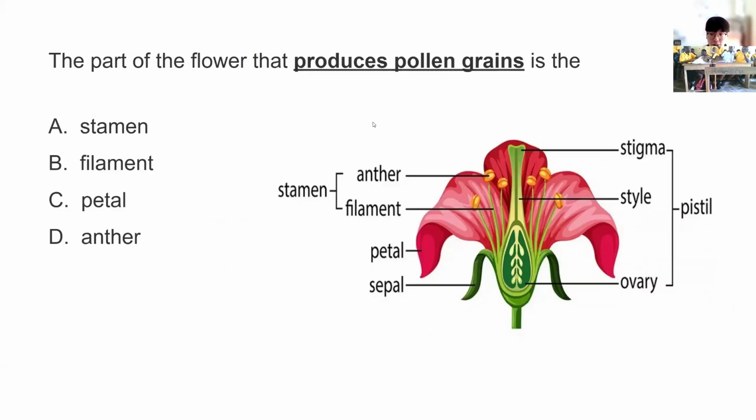So that's actually the next question here. So the part of the flower that produces pollen grains is called what? What produces the pollen?